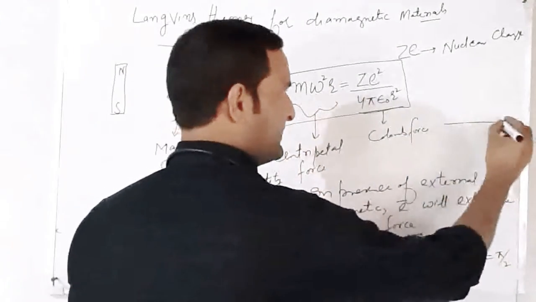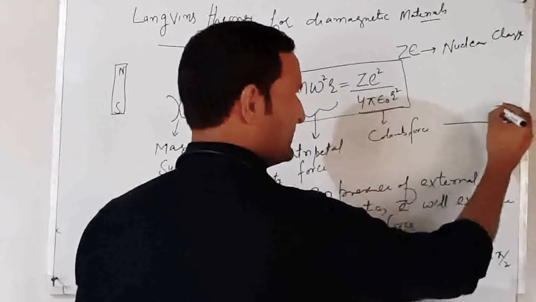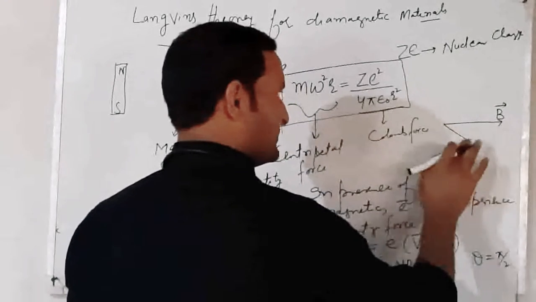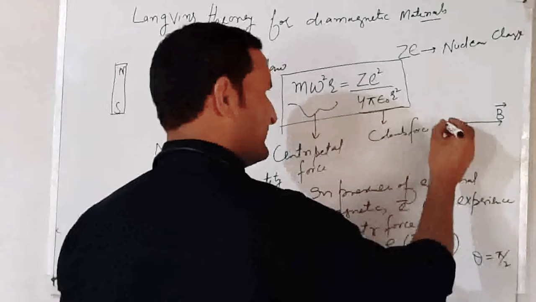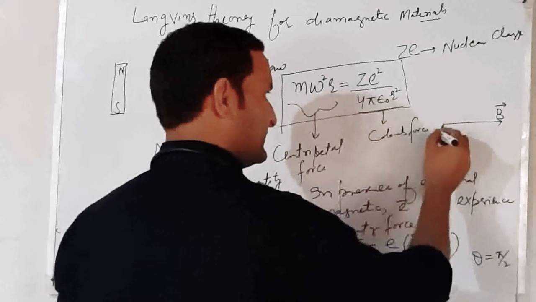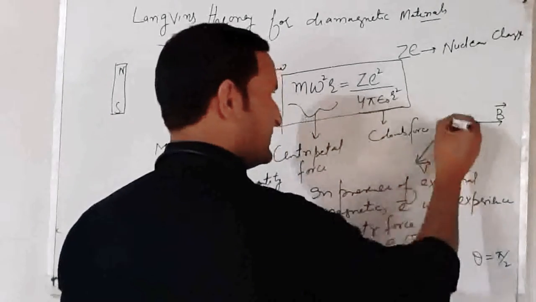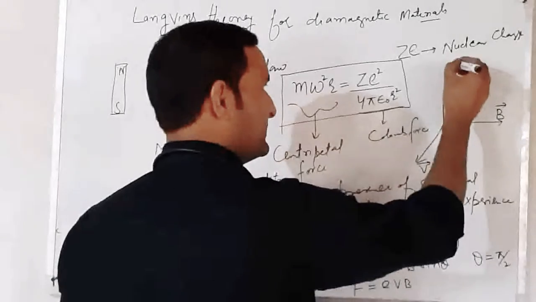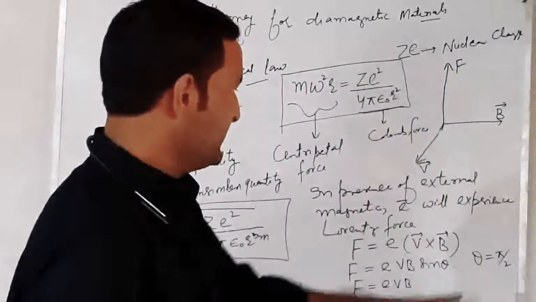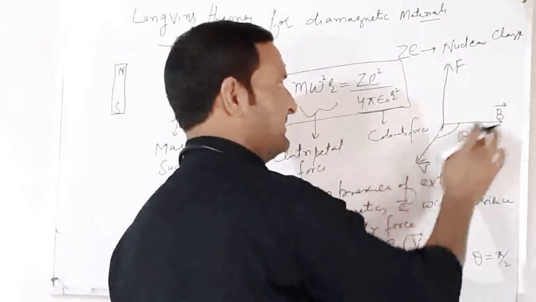If this is the magnetic field B, and this is the velocity of the electron, and this is the Lorentz force F, then the force is perpendicular, at 90 degrees, where theta is the angle between v and B.